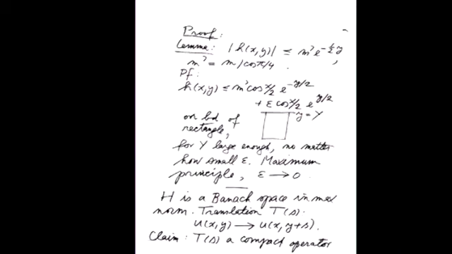I need first a lemma which says that such a harmonic function, which was only assumed to be bounded, actually decays exponentially. And the proof is very cute. It's based on the maximum modulus principle.